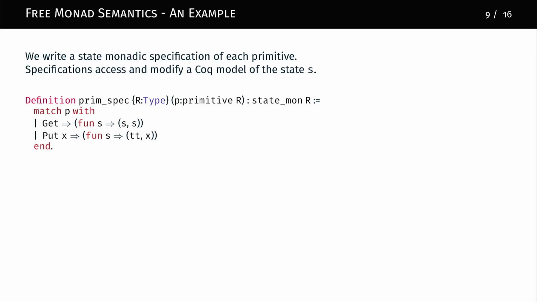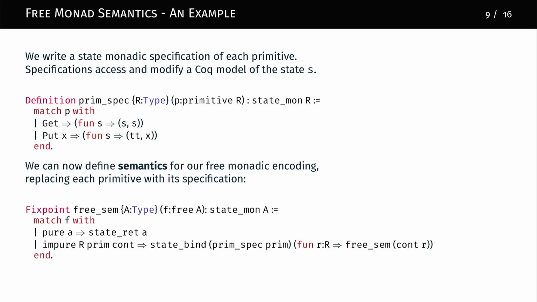Now that I have these specifications, I can finally give semantics to my free monadic computations by simply replacing each primitive with its state monadic specification. So if my function was pure, I'm just going to return that term, and if there is a primitive, I'm going to bind the specification to the semantics of the continuation.